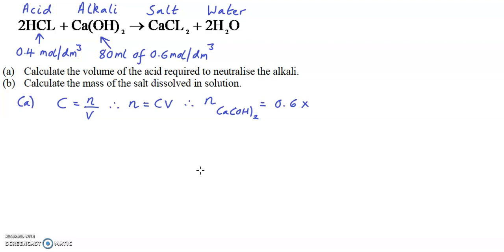Now 1 decimeter cubed is the same as 1 litre or 1,000 milliliters. So we need to divide the 80 milliliters by 1,000 to convert it to decimeters cubed. So that gives the number of moles of the alkali as 0.048.